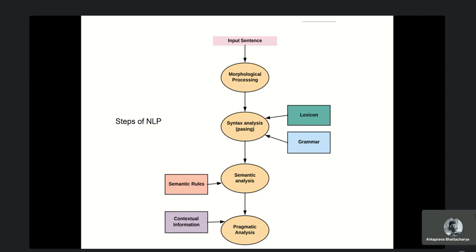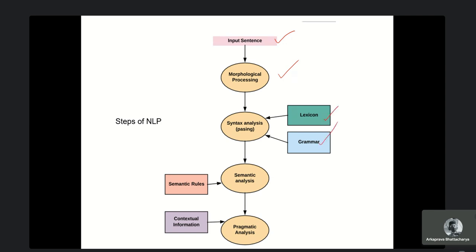So these are the steps of NLP which we have seen. Now if I put everything into one single picture, you can see that a given input sentence has to go through all these processes. One is the lexical analysis, which is the morphological processing. Once the input is divided, either into paragraphs, sentences, lexemes or words, it goes into the syntactic analysis where the lexicons are looked at with respect to the grammar.